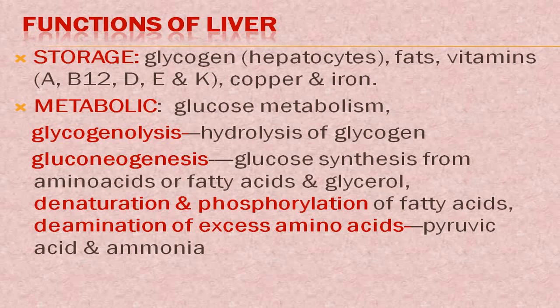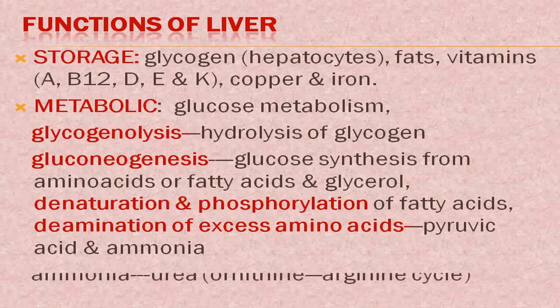Then the liver is also responsible for the degradation and phosphorylation of fatty acids. Degradation means breakdown of fatty acids, and also the addition of phosphate, that is phosphorylation of fatty acids. Similarly, the liver is responsible for the deamination of excess amino acids present in the blood. Deamination means removal of the amino group from the amino acids, so that they are converted into pyruvic acid and ammonia.